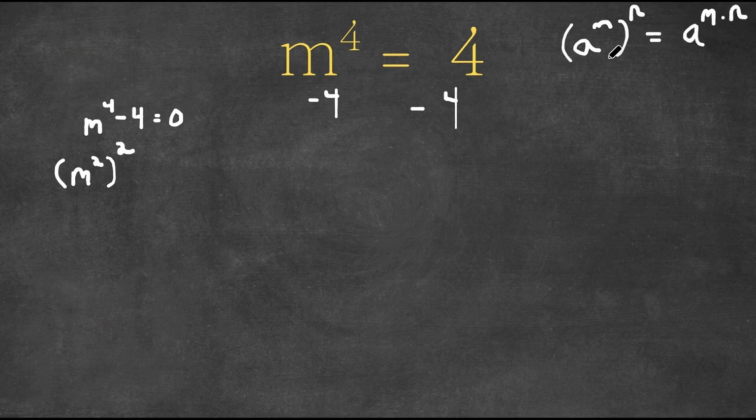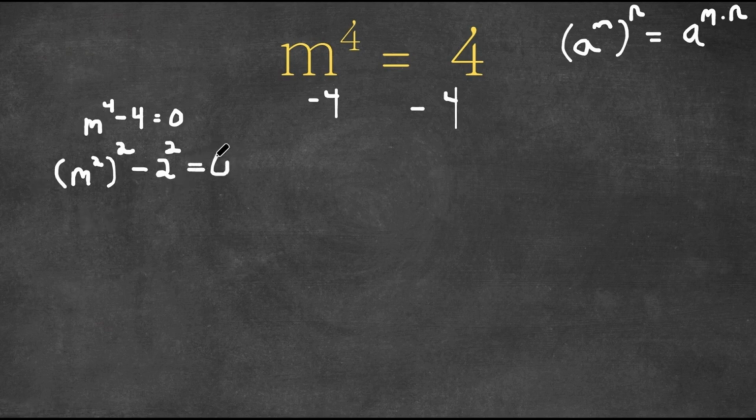So what I did was change m to the power of 4 into the form a to the power of m to the power of n. And we're going to subtract this with, I'm going to change 4 to 2 squared. And this is equal to 0.